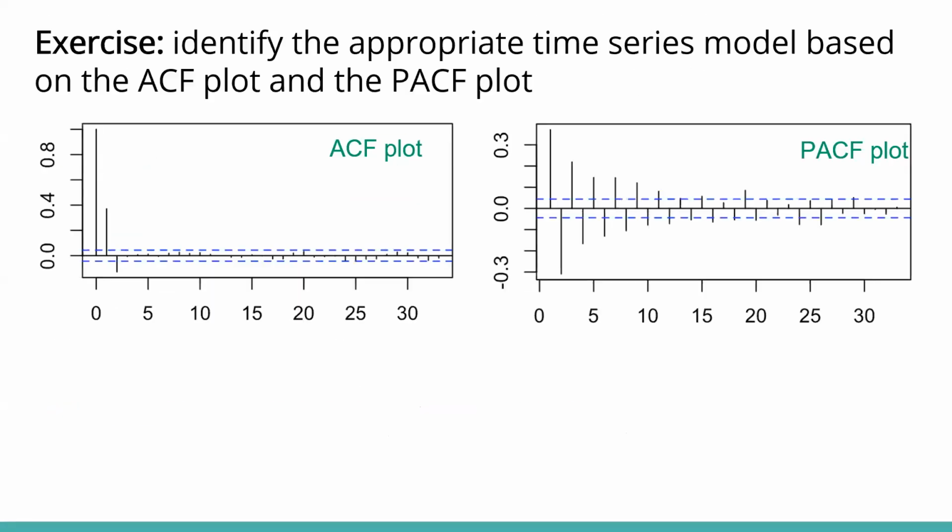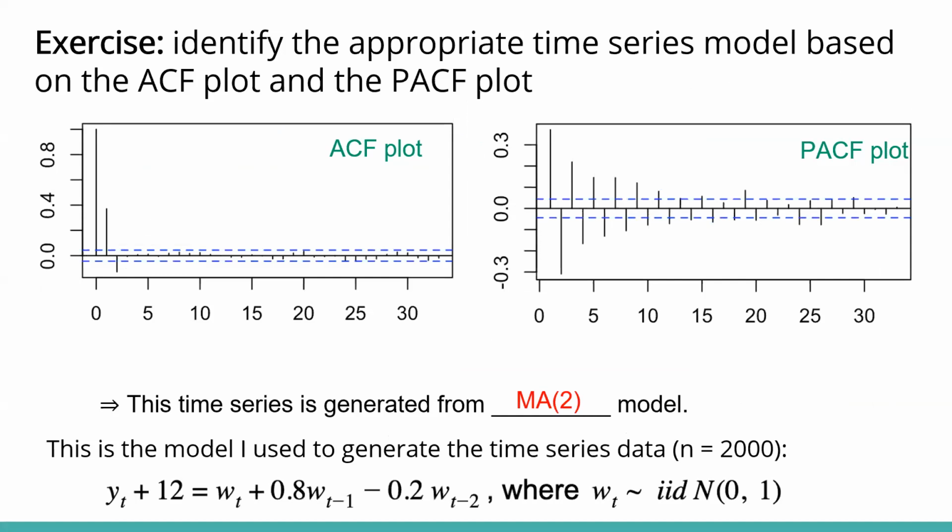Now, if you come here and take a look at the ACF, you're going to see, look at the bar here. This bar corresponds to lag 1, and this corresponds to lag 2. And you're going to see that after lag 2, what happened? It cut off.